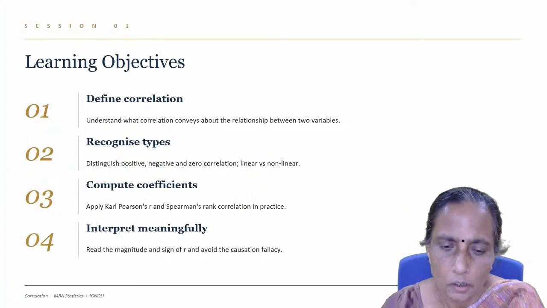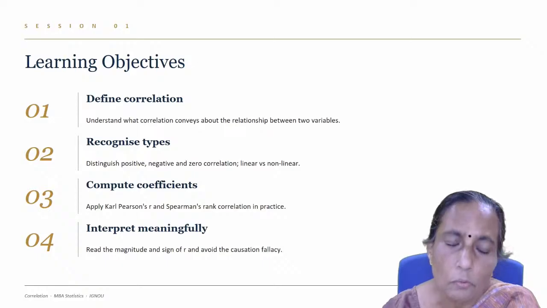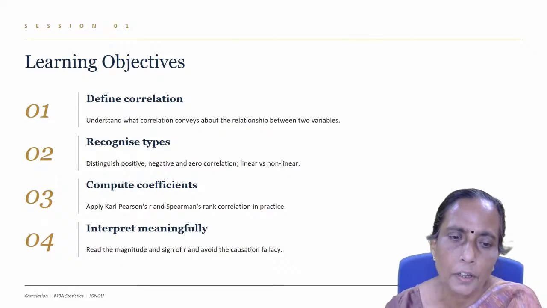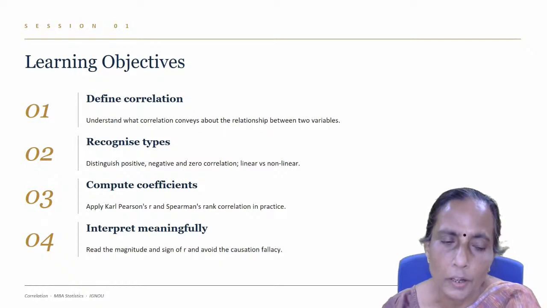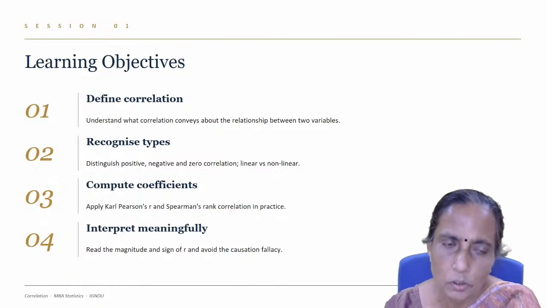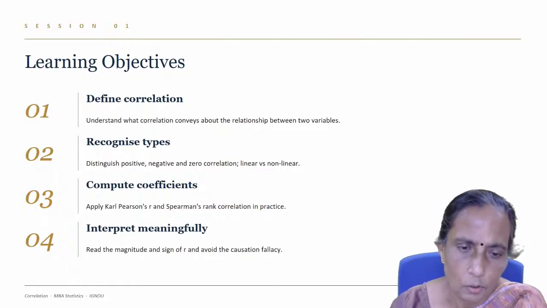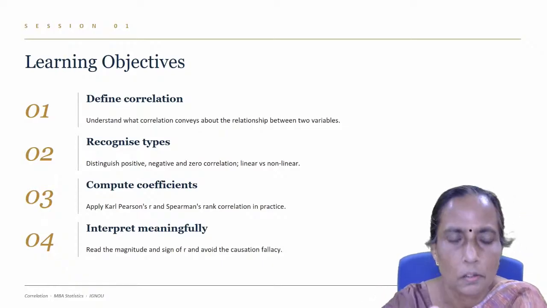Going forward, in this particular session we will be learning what exactly correlation means, what the several types of correlation are, how we can compute several coefficients of correlation, how we can interpret the result of the coefficient meaningfully, and how we can use it for testing significance. We will also cover what we mean by rank correlation, and the practical examples, or how we can practically use this correlation.